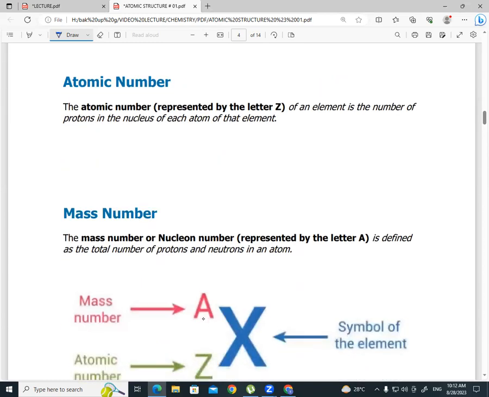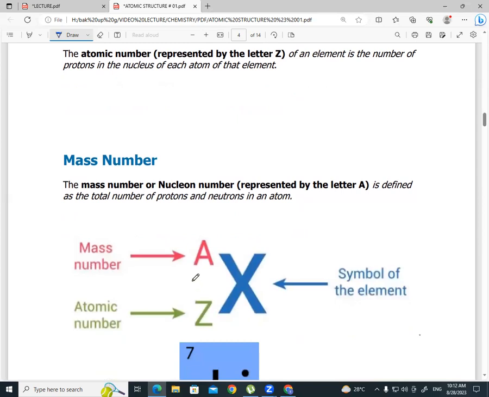Next one, mass number. Mass number, or nucleon number, is represented by the letter A. It is defined as the total number of protons and neutrons in an atom, and it is represented by this.